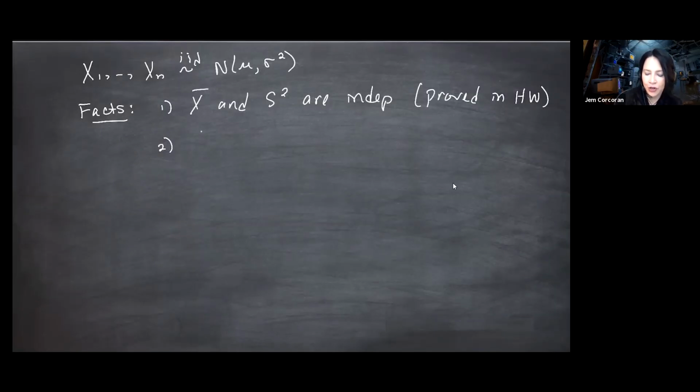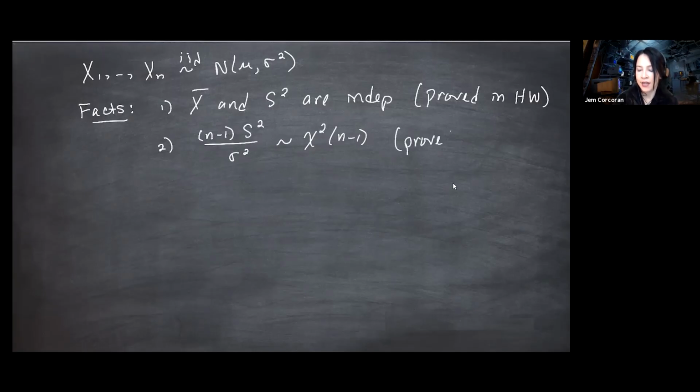So we instead showed that n minus 1 s squared over sigma squared was chi squared n minus 1. And that also depended on us having a normal distribution. That's not true for a general underlying distribution. And with that, so this was proved last class, with that, we are ready to go.